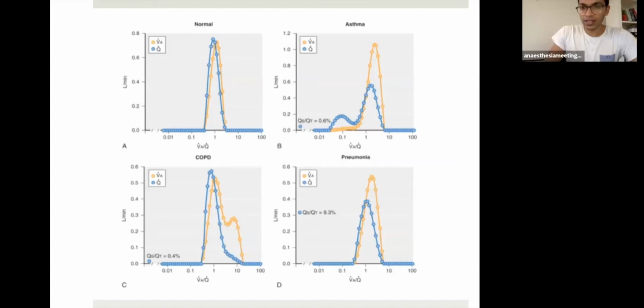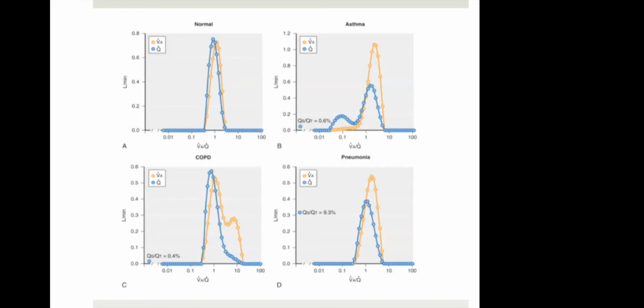Can you just say that again? So on graph D, the alveolar ventilation in litres per minute for around just above a VQ of 1 is much more increased, but it was almost implying that there should be much less ventilated lung parenchyma.